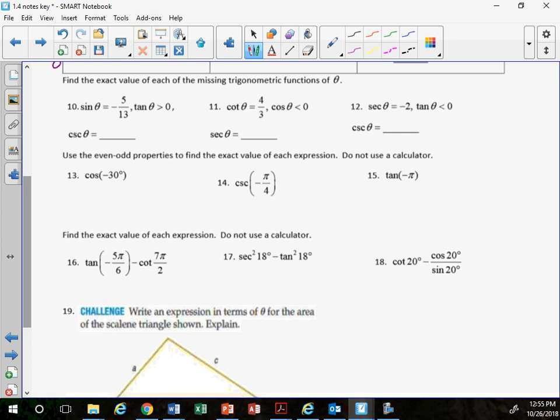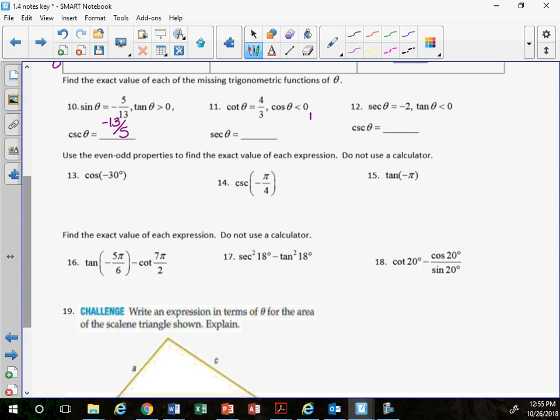We don't really need the information about tangent being greater than 0 because I'm only asking you what cosecant is equal to. If you know sine, do you know cosecant? Yes. So let's just do this one. What's cosecant? Good. That's good that you drew the whole triangle. We're going to draw the whole triangle in the next one, okay?